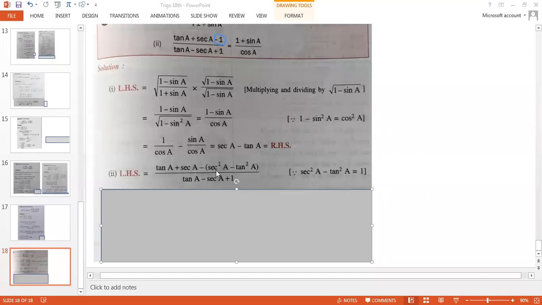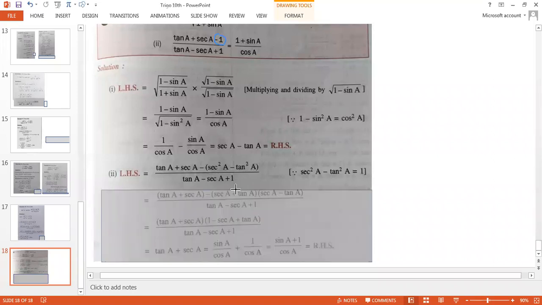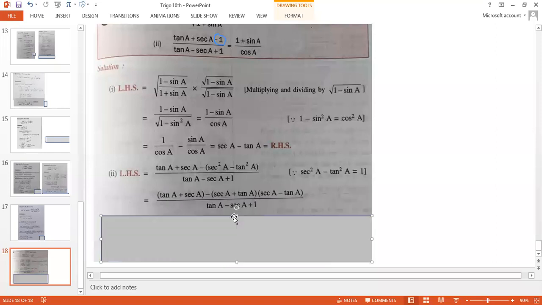How will we substitute this? Sec square A minus tan square A? Simple. A square minus B square. What will it be, student? A plus B into A minus B. Isn't it? And the rest everything we will copy paste as it is. Tan A plus sec A in one bracket, minus, in a big square bracket. A big square bracket should be put here.